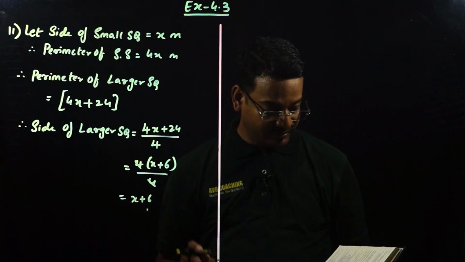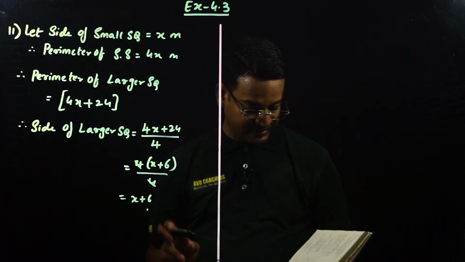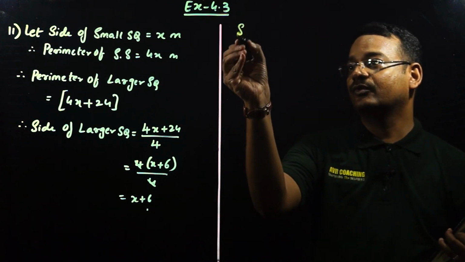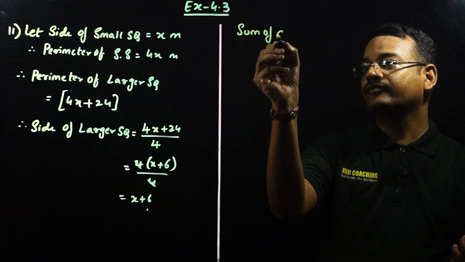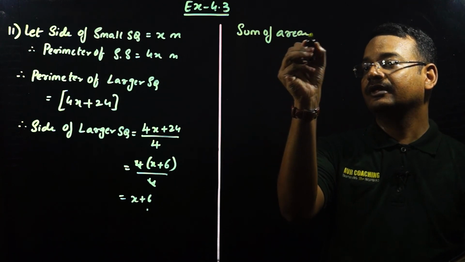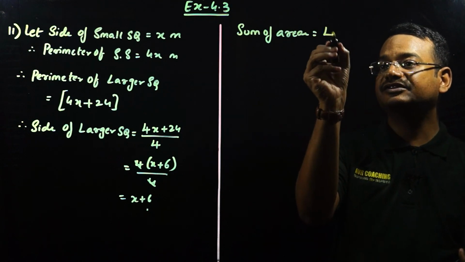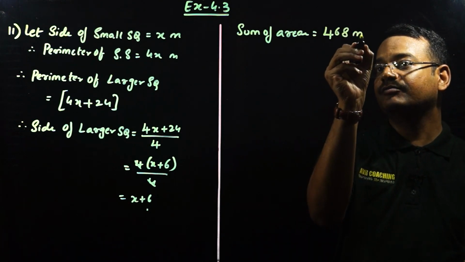Now the sum of areas of two squares, according to the question, is given by 468 meter square.